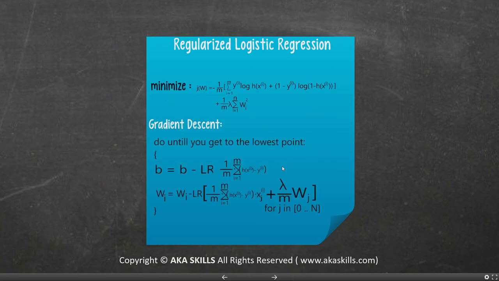So the writing of gradient descent is exactly the same. It's just that the h of x are different from each other.